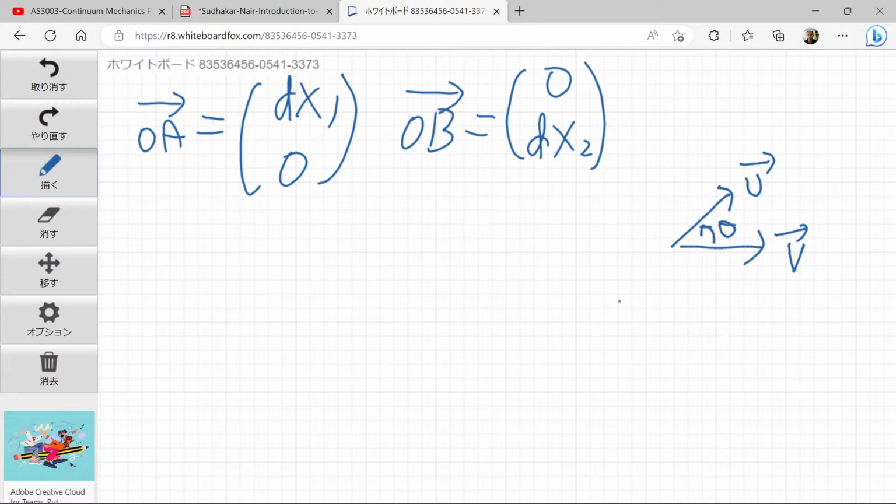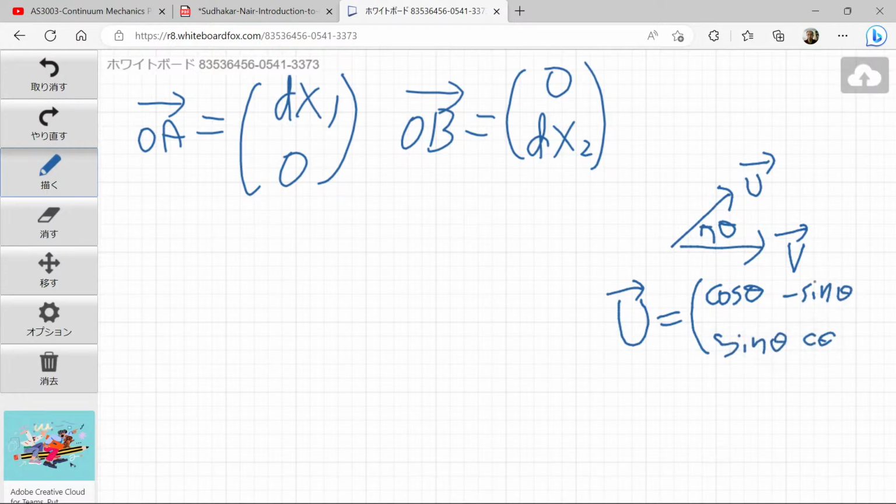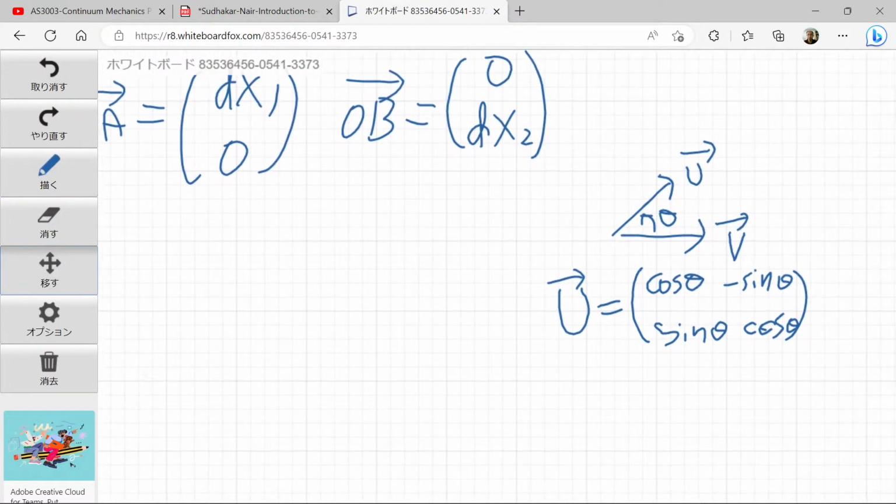The counterclockwise rotation is something like this: cosine theta, minus sine theta, sine theta, cos theta. This is the counterclockwise rotation.